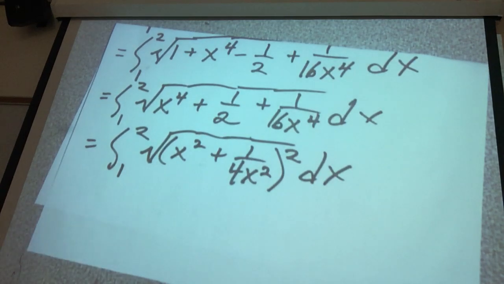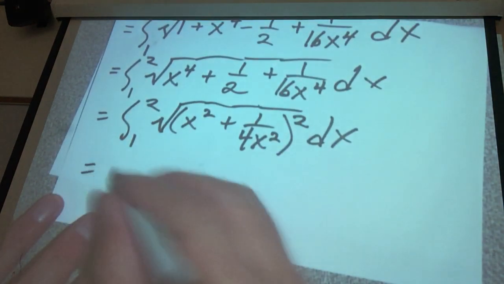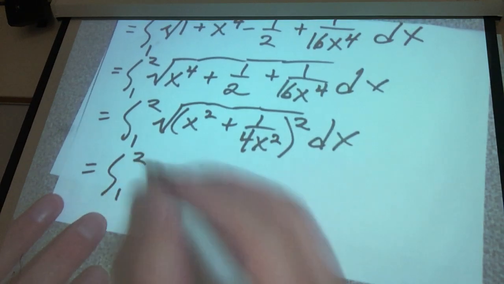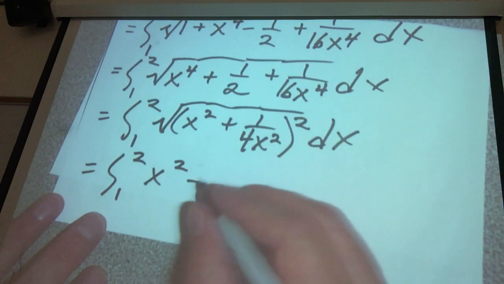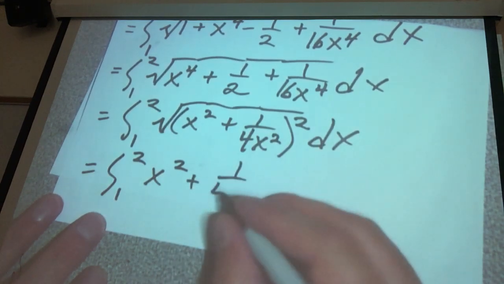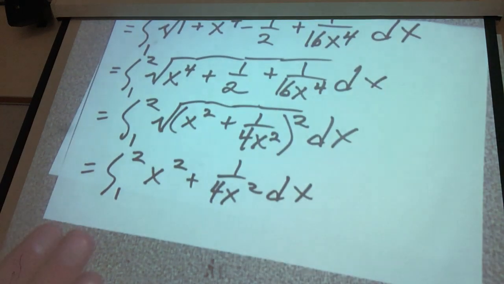Okay? All right, now the square root and the square cancel each other out, and so this becomes the integral from 1 to 2 of just x squared plus 1 divided by 4x squared, and this is an integral with respect to x.